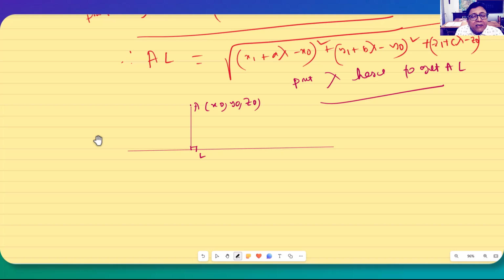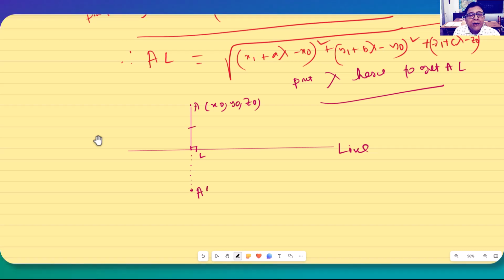The concept of image is the same as the way you have learned before in 2D. The image of A on the line is that point whose distance from the line will remain the same.